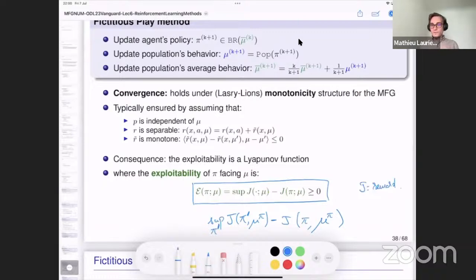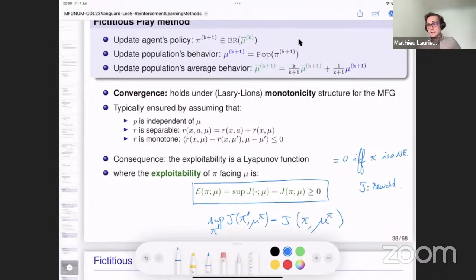If this quantity is very positive, it means I can be much better off by deviating. So pi is not a Nash equilibrium, and this quantity is equal to 0 if and only if pi is a Nash equilibrium. So in fact, we can use that also numerically to assess the convergence of the algorithm. If this quantity goes to 0, we have a Nash equilibrium.